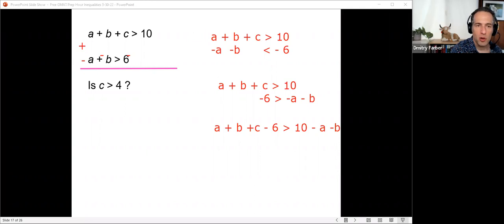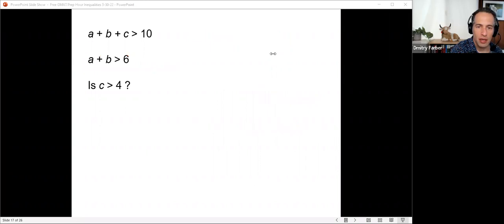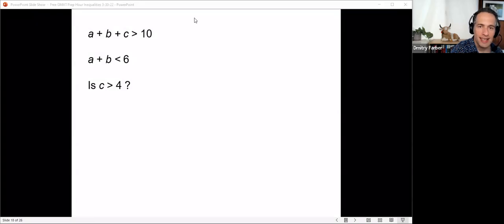Right? So what I can do to be useful is if I'm given, yeah, but notice what you're doing in your example, Jaideep, is you're having two that are flipping the other way and flipping the sign, and that's what we can do, right? If I know that a plus b is less than 6, then I can subtract them.